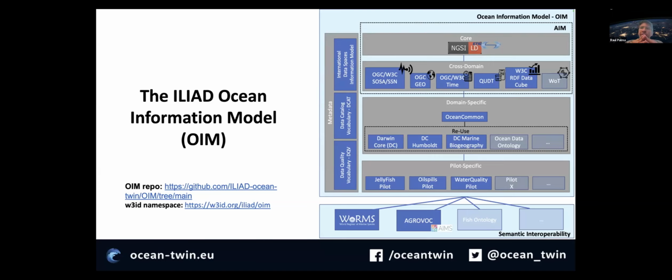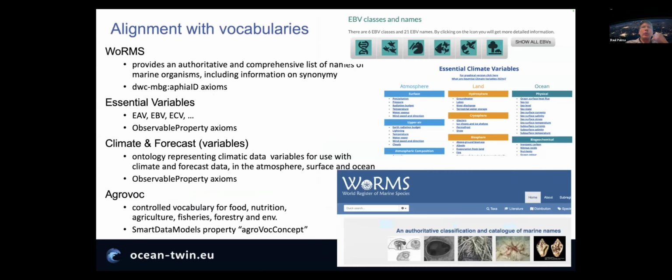One of the most important aspects of the ocean information model, if you remember, is the reuse of existing models. So instead of doing something from scratch, we are leveraging what is already available and aligning all of these different models in a coherent way. Important with respect to the alignment with vocabularies, in terms of Iliad, the most important ones are coming from WoRMS, which is the list of names of marine organisms.